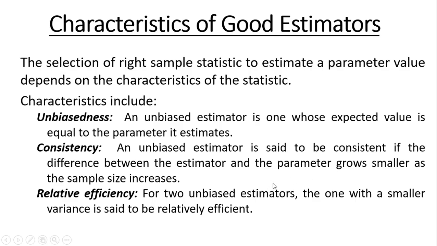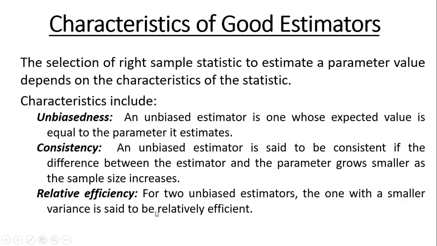Because we said the more you increase your sample size, the more it tends to be normal, and hence the gap between your estimator and your parameter will be reduced to a minimum. That's what is meant by consistency.